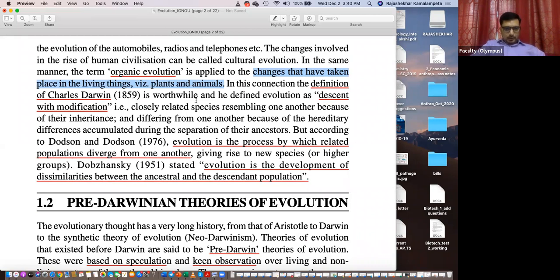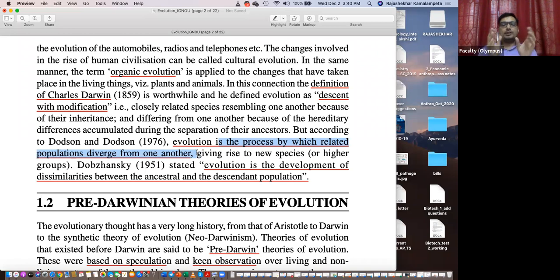Like for example, as defined by Dodson and Dodson in 1976, two scientists called Dodson and Dodson. In their view, evolution is the process by which related populations diverge from one another.